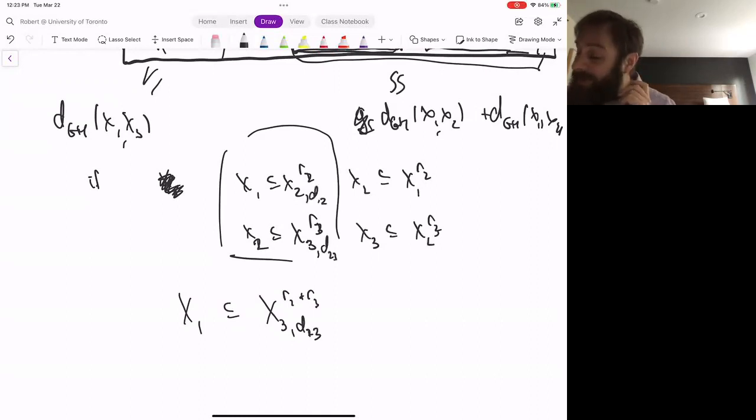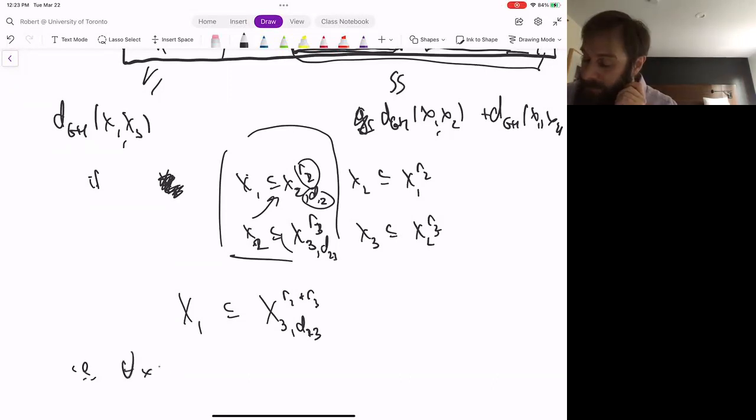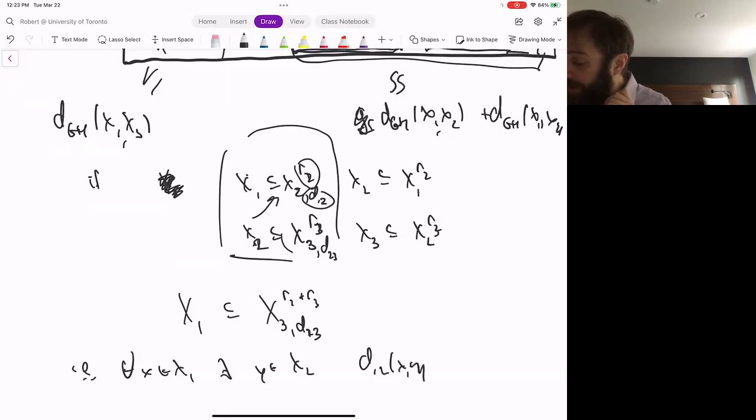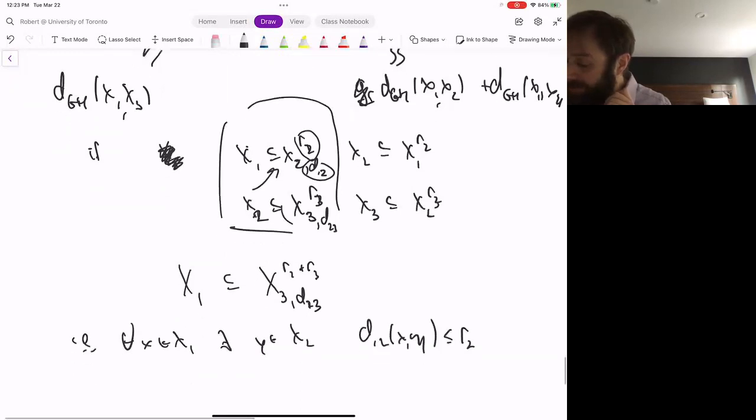And basically what this containment means is that for any point in x1, you can find a point in x2 that's within distance R2 of that point. And similarly, for that point in x2, you can find a point in x3, i.e., for every x in x1, there exists y in x2 with d1,2 of xy less than R2.